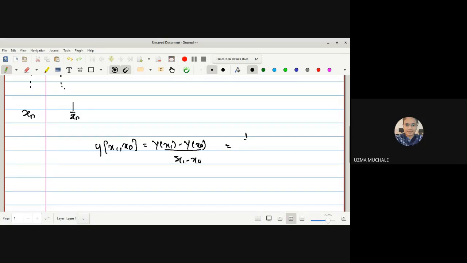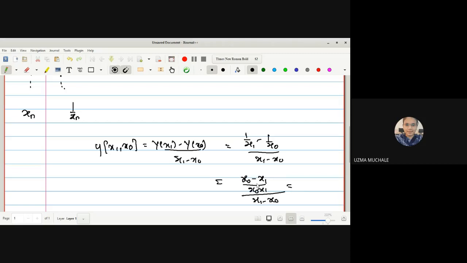What is y of x1? It is 1 upon x1 minus y of x0, which is 1 upon x0, divided by x1 minus x0. Now let's solve this. Taking the LCM, we get x0 minus x1 over x0 x1, divided by x1 minus x0.